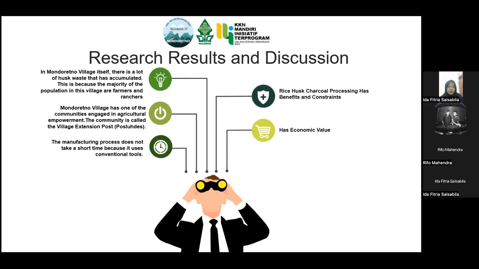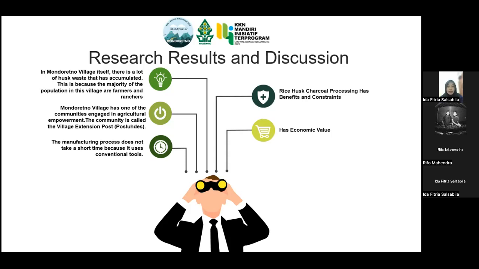And then constraints. The first is must check the furnace periodically so that the fire used to burn the husks is not extinguished and the husks don't burn to ash. And then breathing and vision are disturbed due to the smoke during the process of burning rice husks.